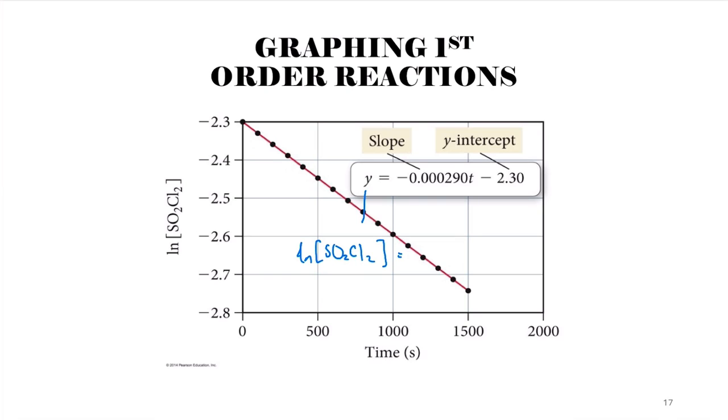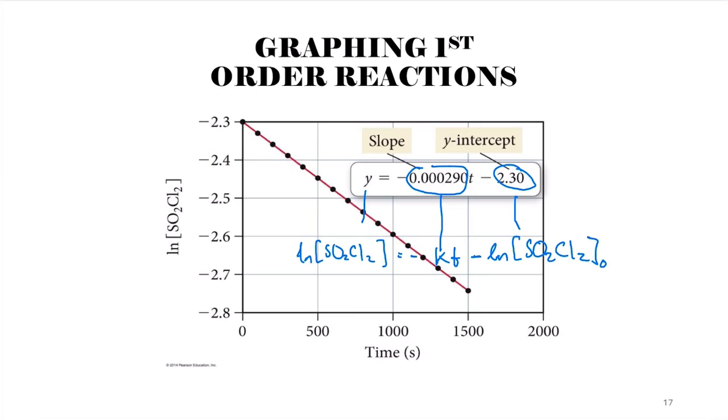There's already a negative sign here, so minus the slope, this value right here, is equal to k, the lowercase k, the rate constant, times the time, which is like your x variable in the equation for a line. And what was the intercept here? This was the natural log of the initial concentration of SO2Cl2.